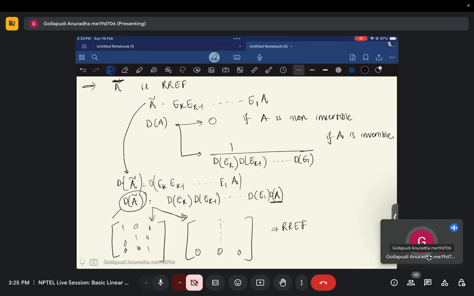Okay, 0 if it is non-invertible, in the sense the rank of the matrix is not full. If the rank of the matrix is not full, it means that you have some zero rows in the bottom, so the determinant will be equal to 0.